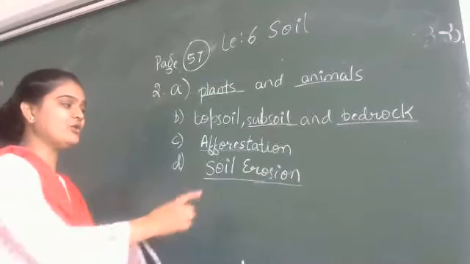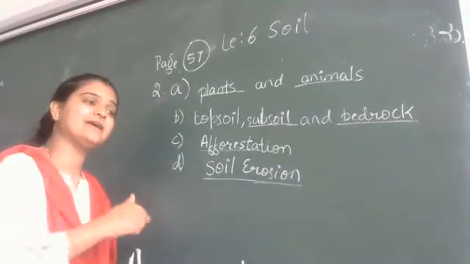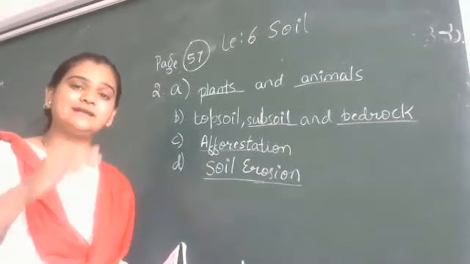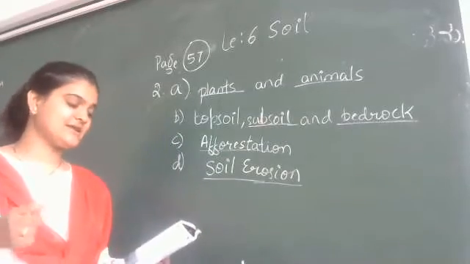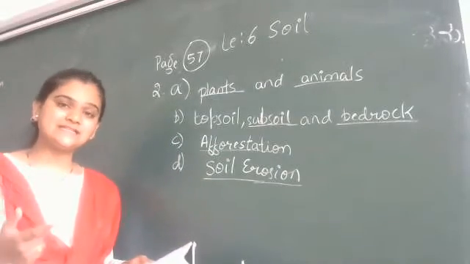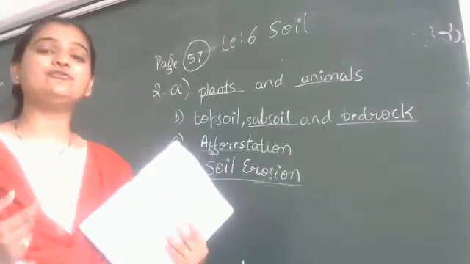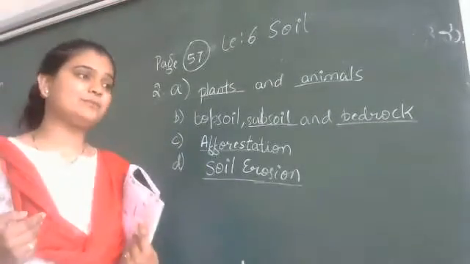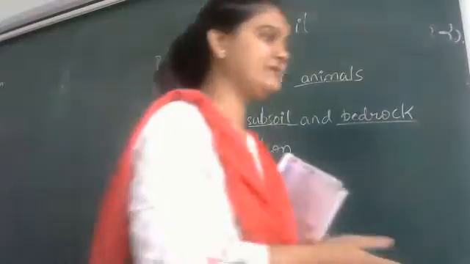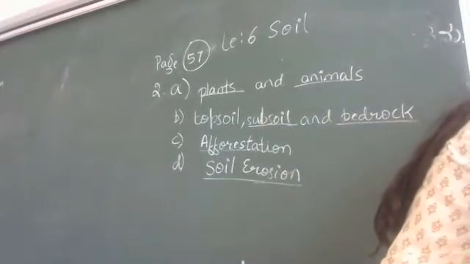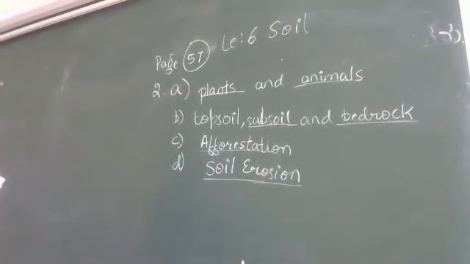We want to prevent soil erosion, so we are carrying out building bunds, river embankments, growing cover crops, terrace farming, and afforestation. All these processes we follow to prevent soil erosion. Okay? To prevent soil erosion.